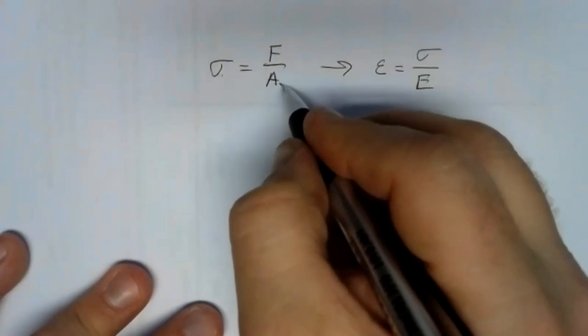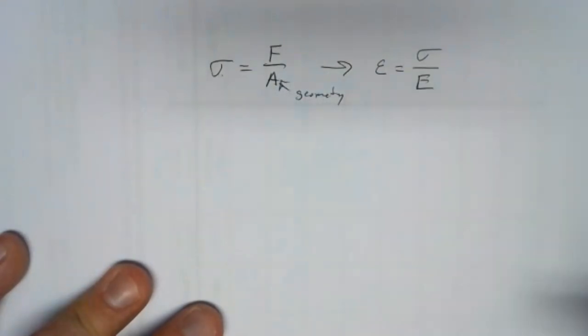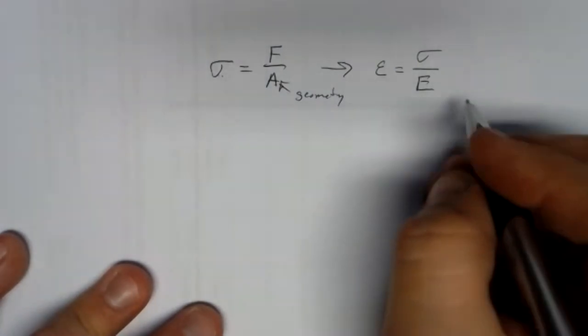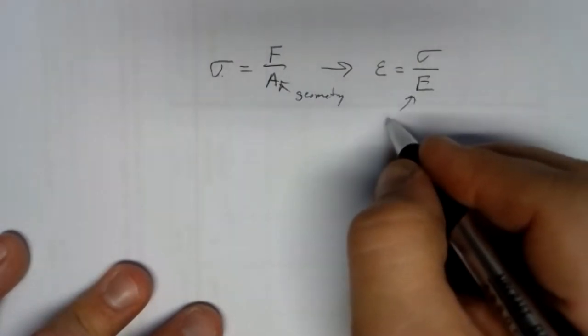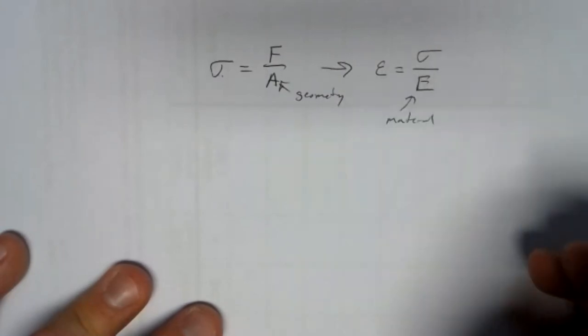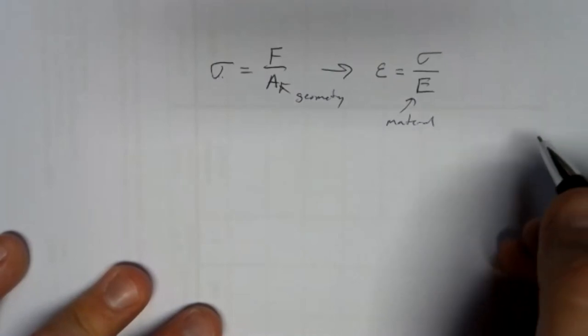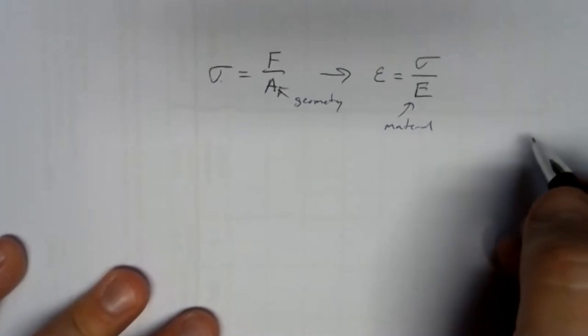The area comes from geometry: size and shape, areas, cross sections. The modulus comes from the material. And the strain tells us how many inches per inch, or feet per feet, or meters per meter the material grows by.